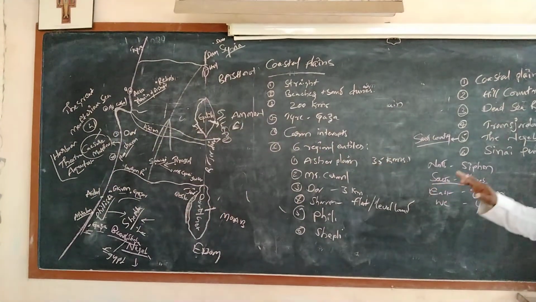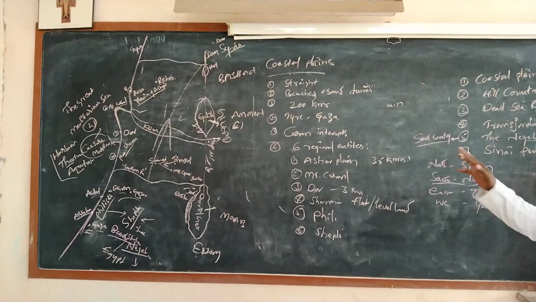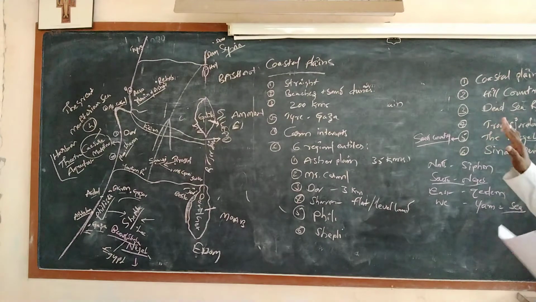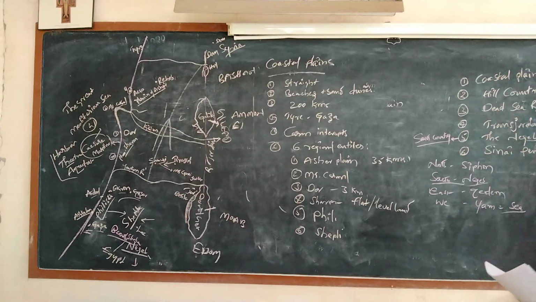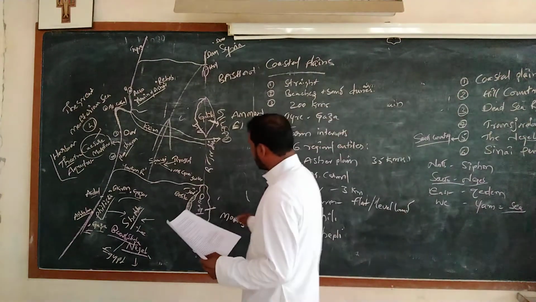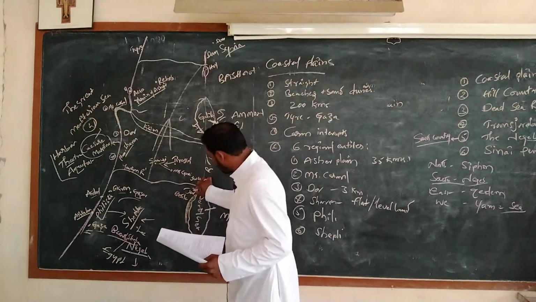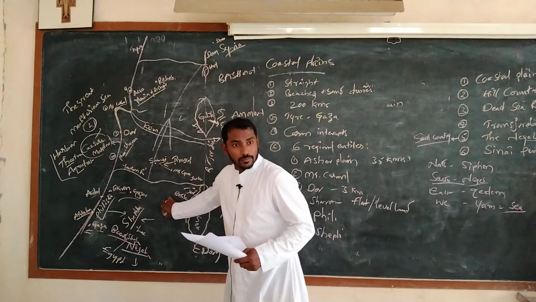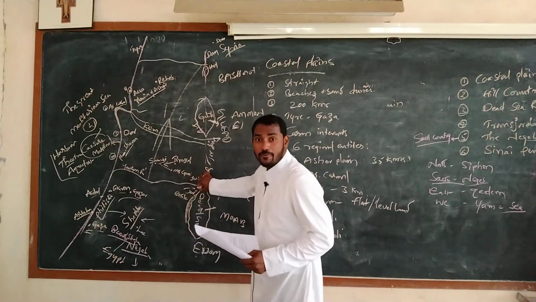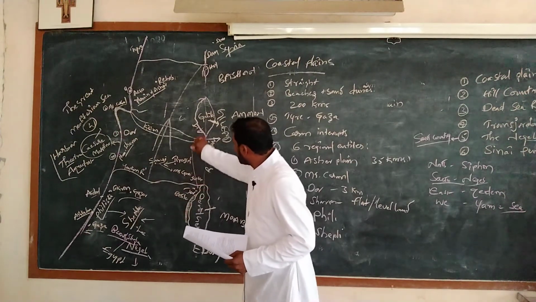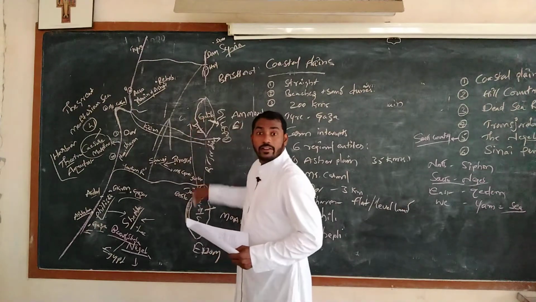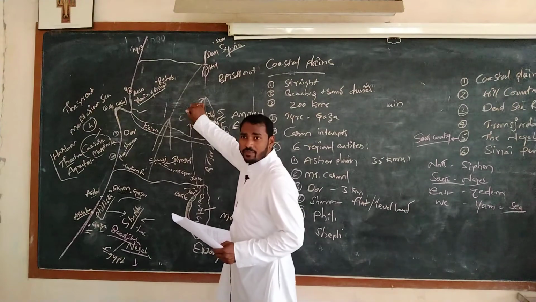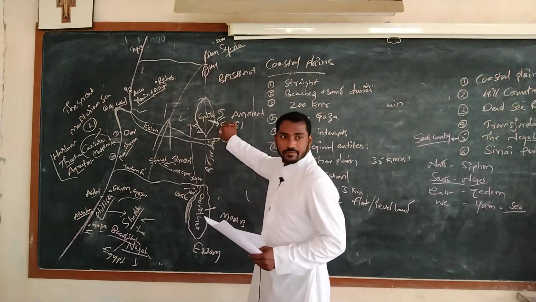Because I wanted you to know, as we have seen the geography, where and how it is located. Now, Jesus was from Jerusalem, from the southern kingdom, Judah, and his life was located in Galilee. Most of the ministry was done in Galilee.